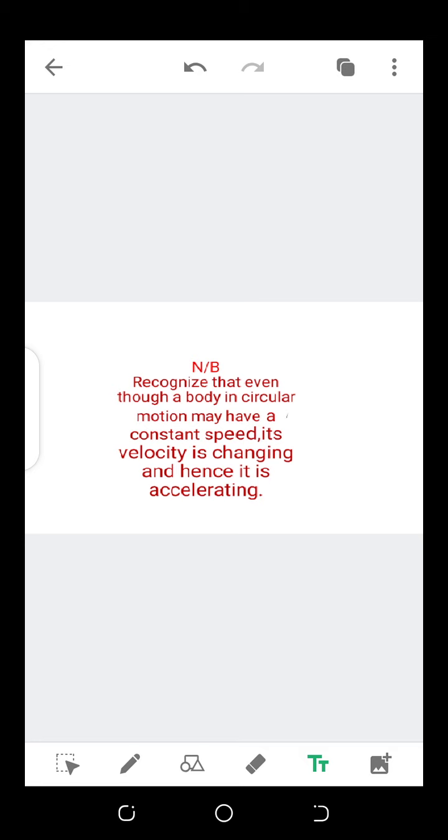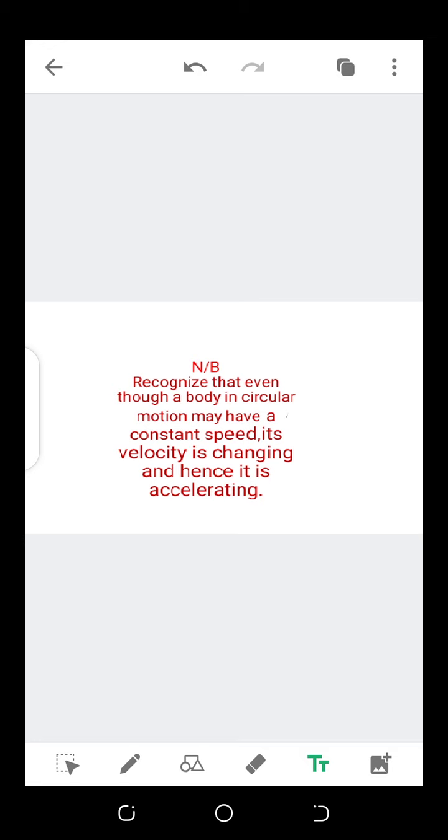When the body is rotating round a circular path, it means that at certain instants it will have different velocities. It can be the same magnitude, but different in terms of direction, because at a certain time it can be north, at a certain time it can be south. So that's why I wanted us to note that the body is accelerating.